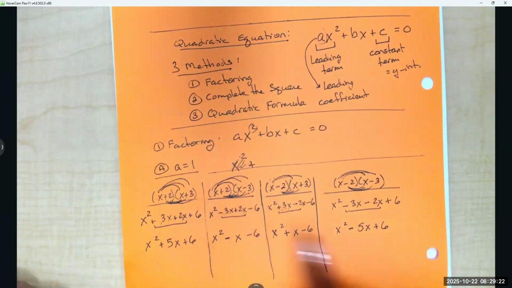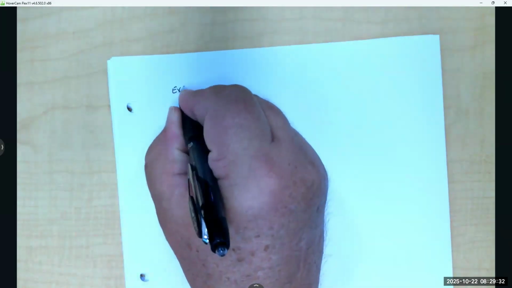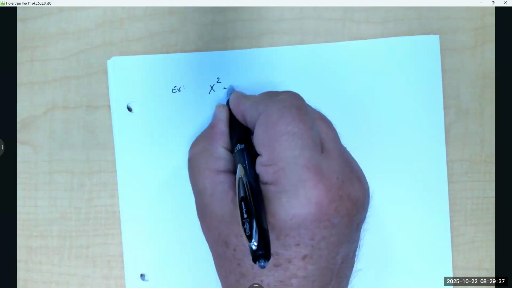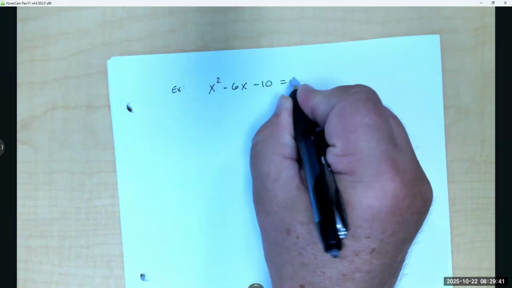Now, the reason this is important is because, depending on the equation I give you, for example, if I say x squared minus 6x minus 10 equals 0.